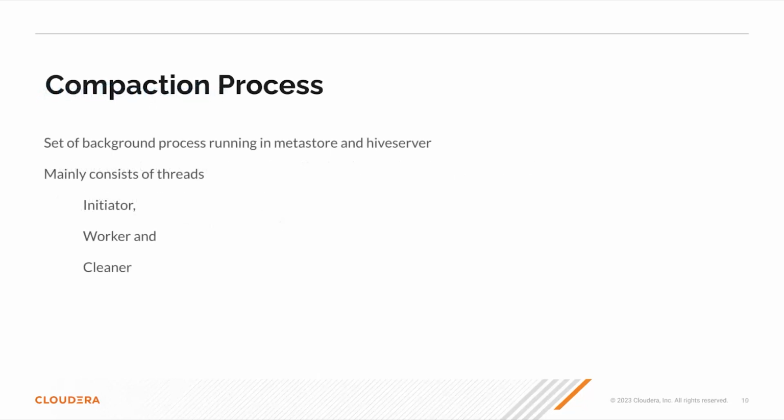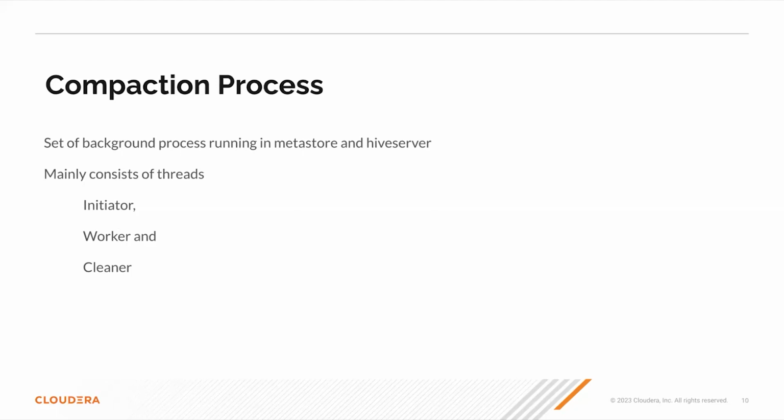So as for the actual compaction process, initiator is for auto compaction, and these 2 come for manual and auto compaction. So here in compaction, there are 3 threads: initiator, worker, and cleaner. The high level thing is that initiator checks whether a particular table is ready for compaction.